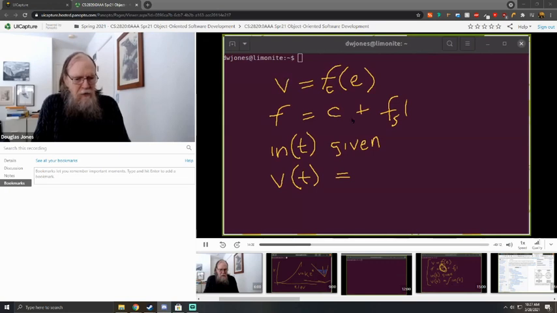Volume is a function of elevation. The volume as a function of time is the integral of the inflow as a function of time.